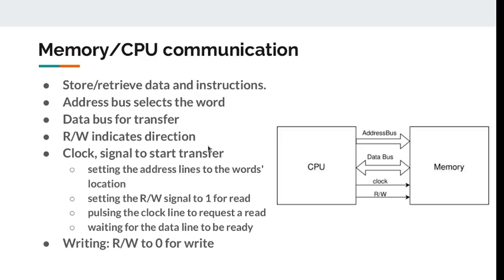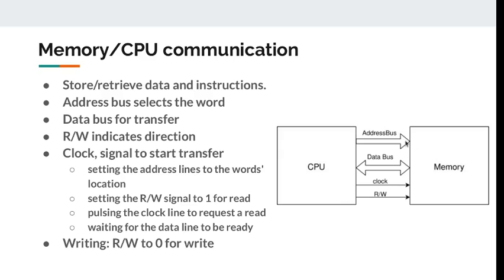So we're talking about the CPU and how the CPU communicates with the memory. So basically the CPU has to store and retrieve data and instructions. So the address bus selects the word. So you have this address bus. Remember that the memory is just a long array, but we can access any piece of this array with the correct address for that memory.